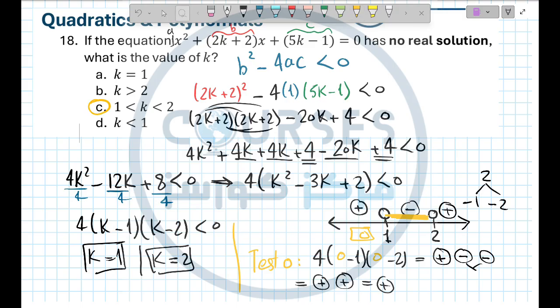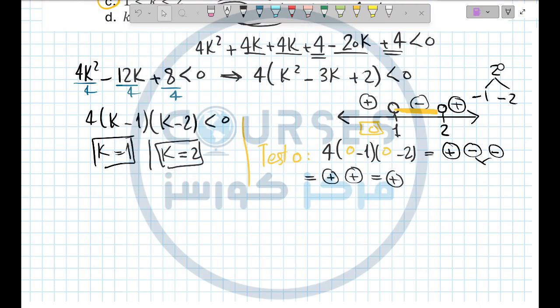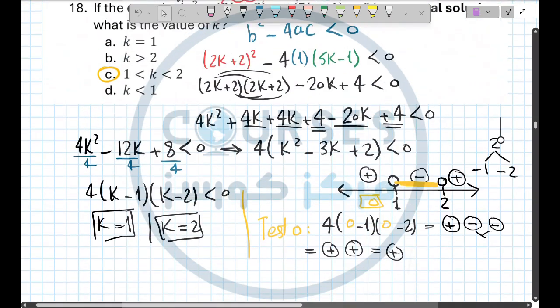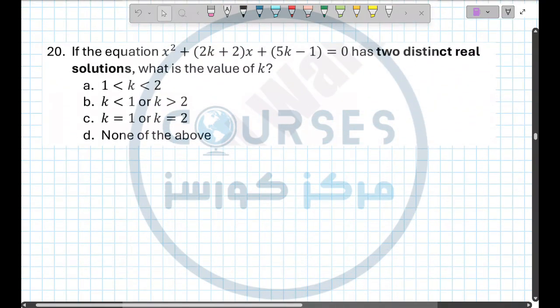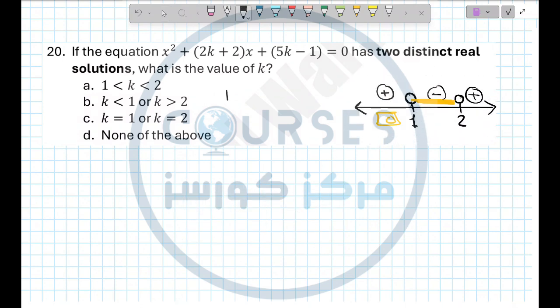I'm going to copy this because this question can repeat, but instead of no real solution, he can say here 2 real solutions. So if it's 2 real solutions, it means the discriminant is greater than 0.